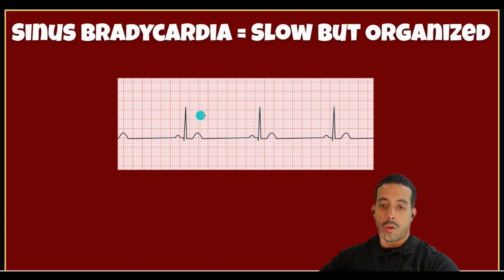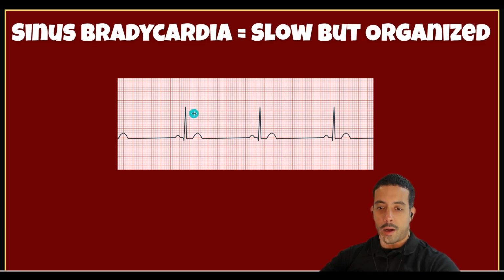So on this particular sinus bradycardia, you're seeing that there's one box, two box, three box, four boxes. So we already know that this heart rate is below 75. Now, if there's five boxes, then we can go ahead and know that the heart rate is below 60. If the heart rate is below 50, then you'll see six boxes.